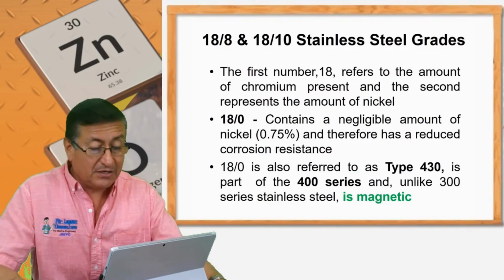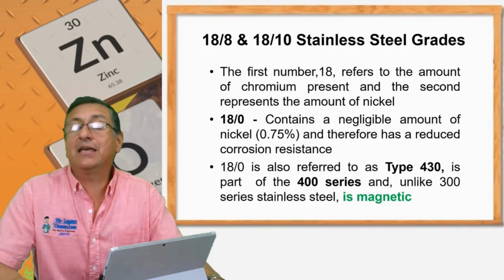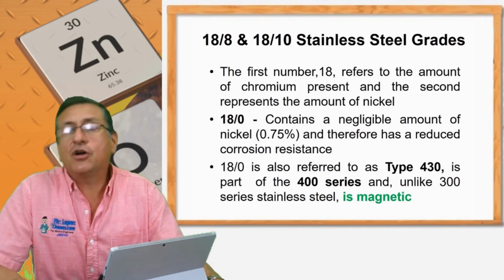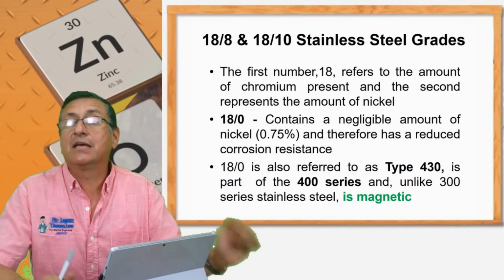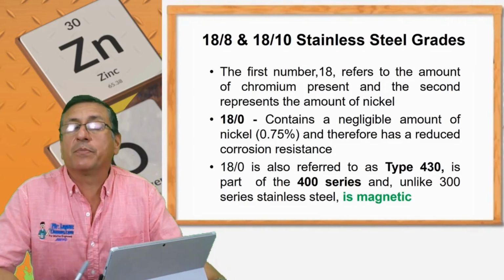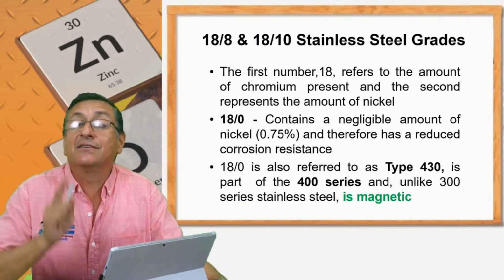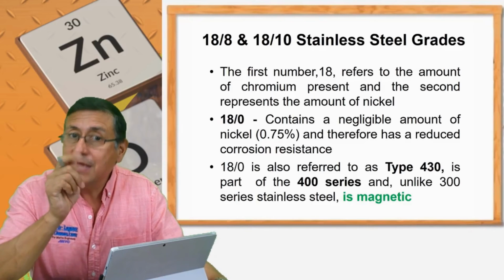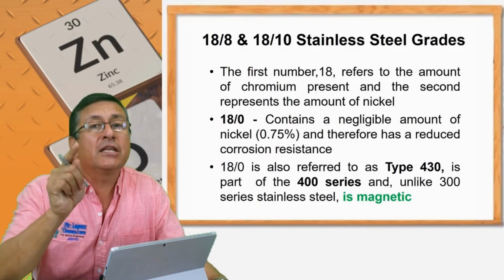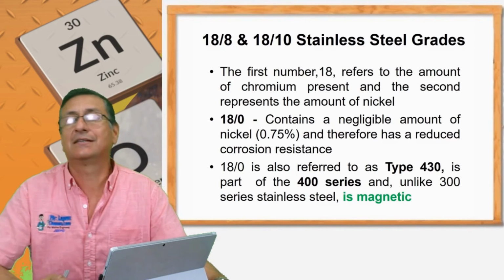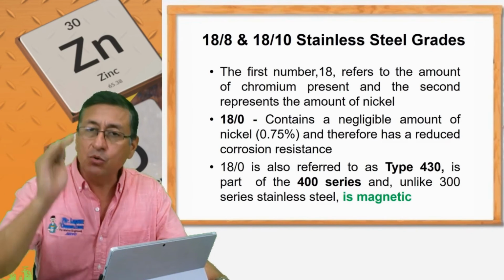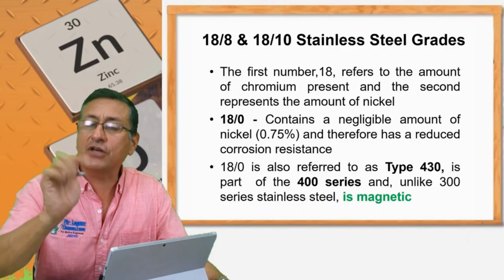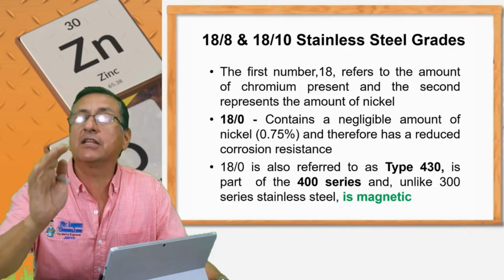The other series, the 18-8 and 18-10, have a high content of nickel, and both of them, nickel and chromium, inhibit corrosion and magnetic properties. Okay, don't forget that. The series 400 is the only marine grade alloy with magnetic properties. In some situations, in some designs, you need a good stainless steel, zero corrosion, but with a little magnetic property.